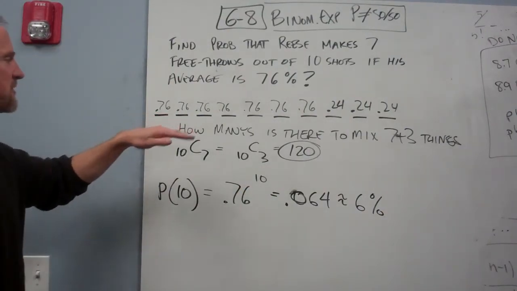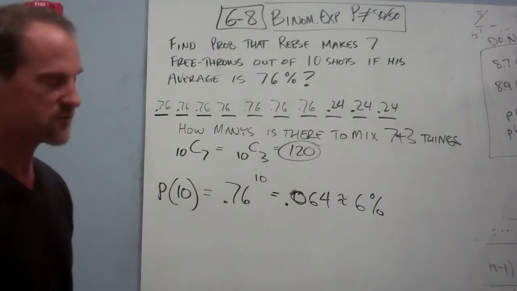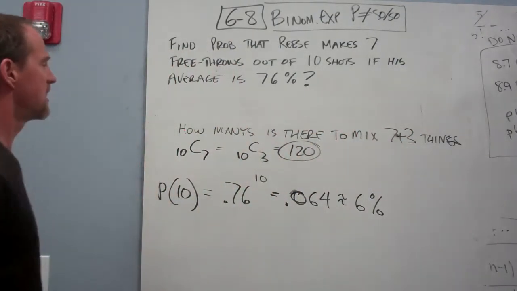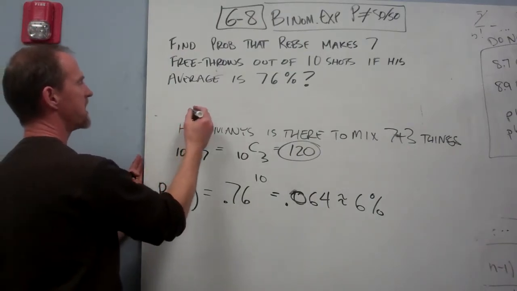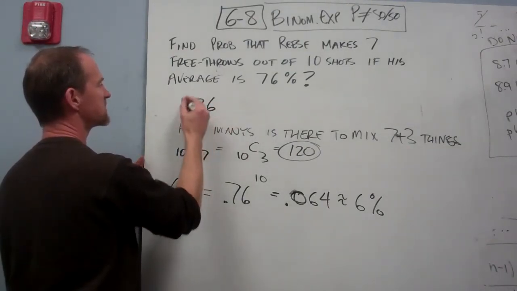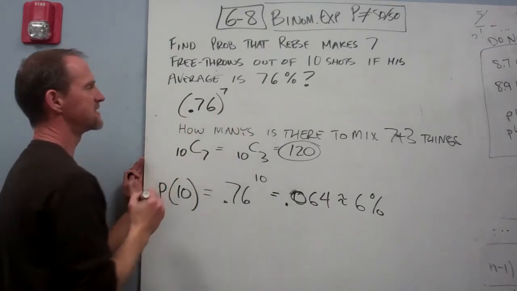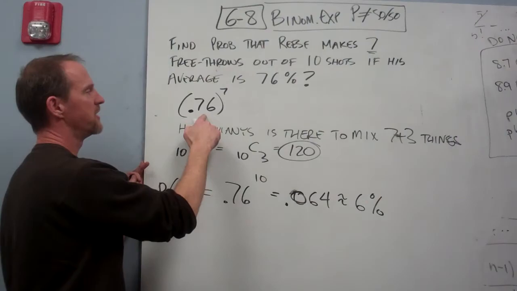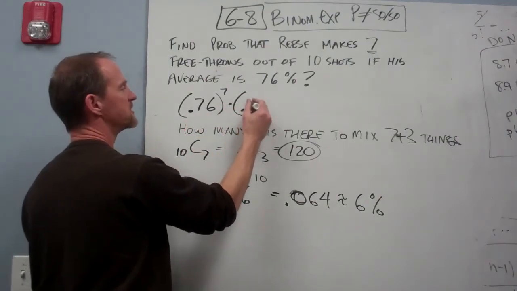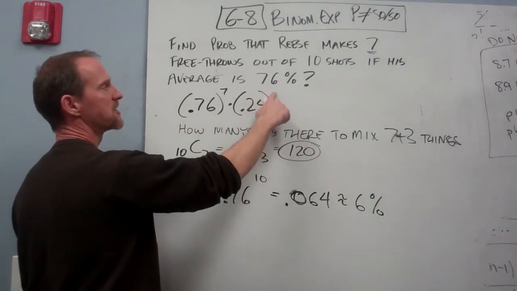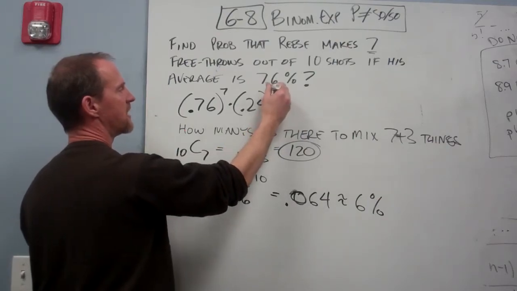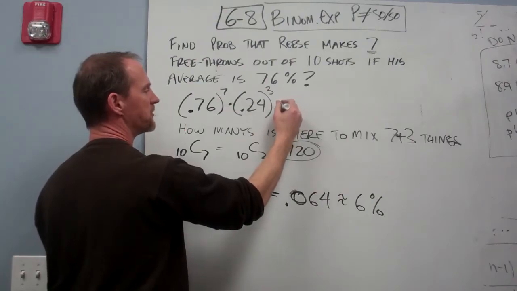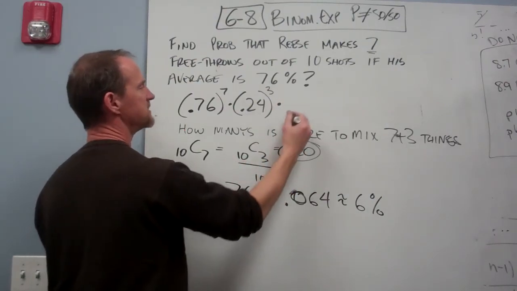Or written in simplified mathematical terms, I'm going to erase this now, my 7 blanks and my 3 blanks. The way I would write this is I will take 0.76 and multiply that 7 times because I'm interested in the 7 shots happening to go in, times 0.24, and then it's always the number of times you miss, or the complement of that number, and then it's going to be multiplied by, in this case, 10C3.